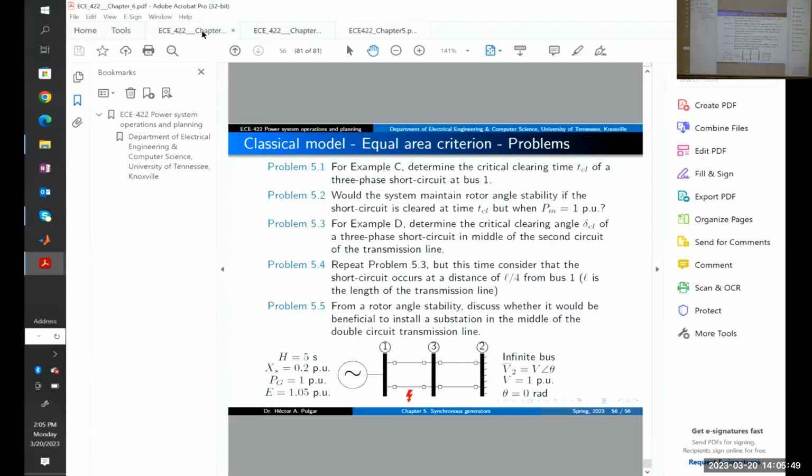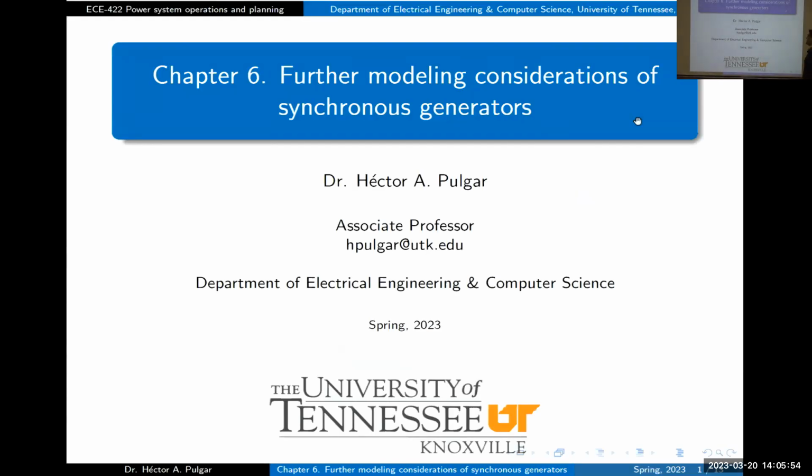So we're moving forward here, and this is going to be chapter 6. We're still not there yet to consider multiple machines in the system, but because we need to discuss a better model for the machine, and this can be very mathematically challenging, what I'm going to do is sketch how this more detailed model is obtained.